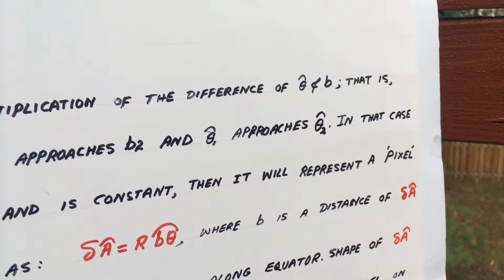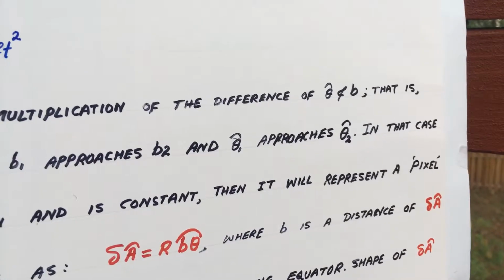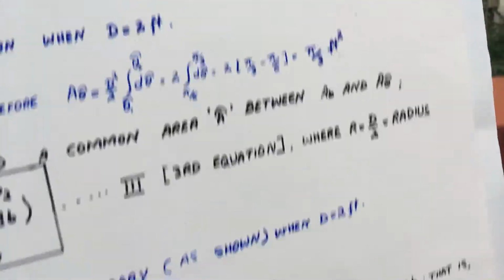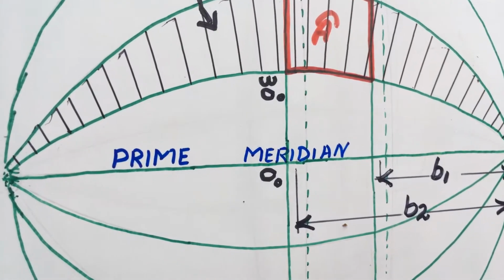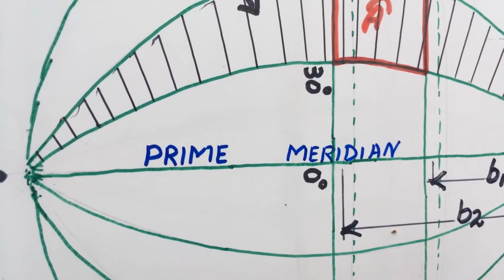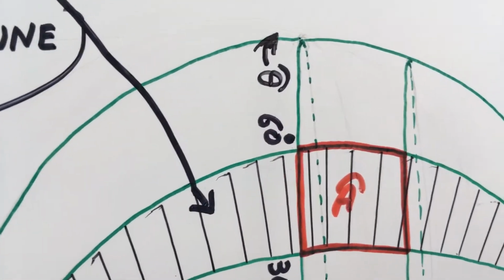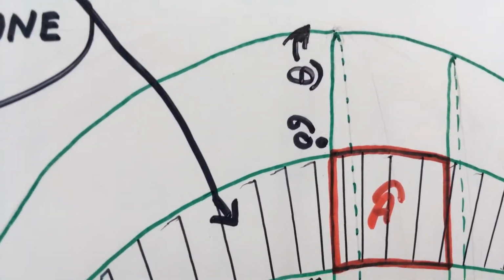That means now they get very close to each other. So the difference between B2 and B1 gets very small, and the same is with the longitudes.